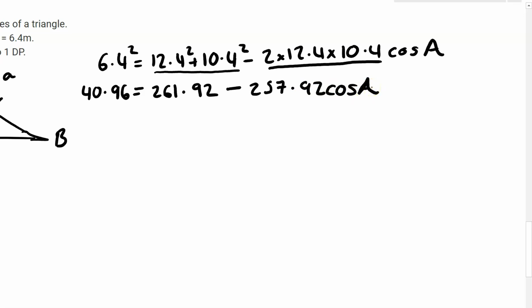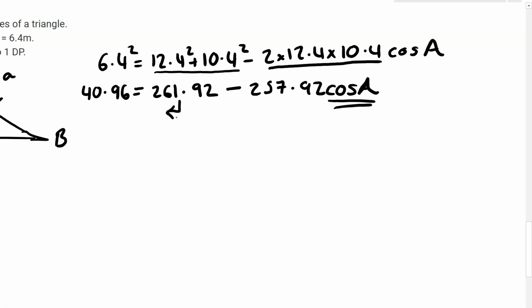Now it's a case of rearranging. I want to leave the cos A there and move everything else. One big mistake people will make is they will work out that and think it's multiplied by cos A. It is not. This first part here is not multiplied by cos A. So the first thing to do is to take this away.